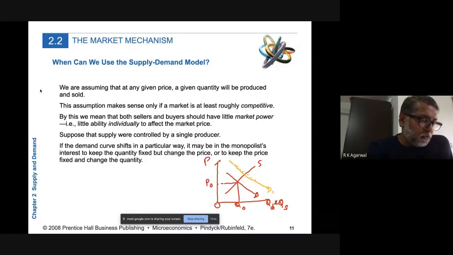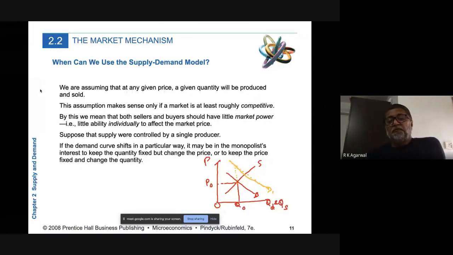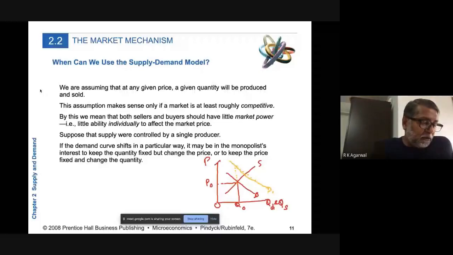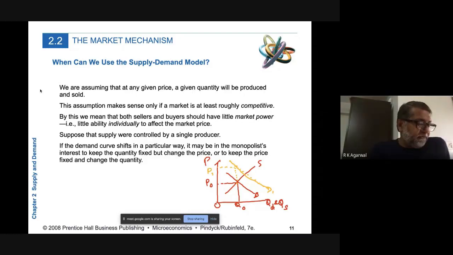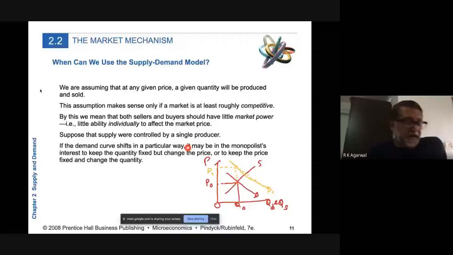Quantity supplied remains Q0. And what happens to the new price now? The new price becomes P1. So that is why we are saying that if the demand curve shifts in a particular way, it may be in the monopolist's interest to keep the quantity fixed. Quantity is still fixed at Q0, but let the price change from P0 to P1.